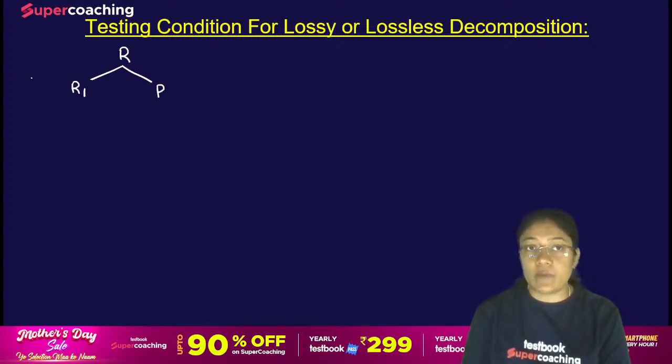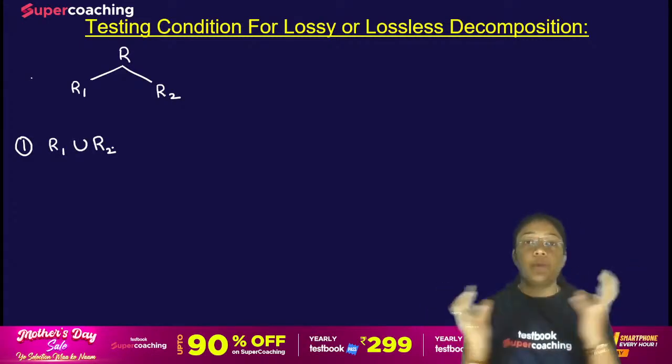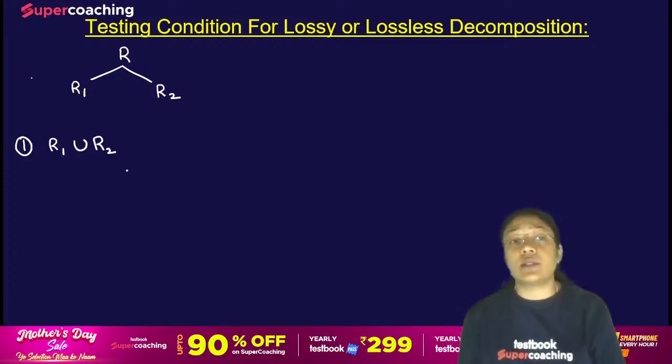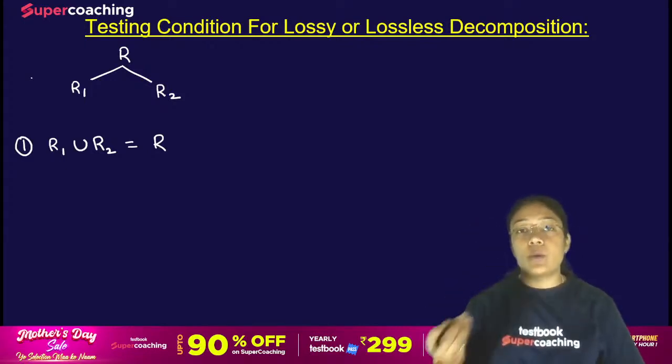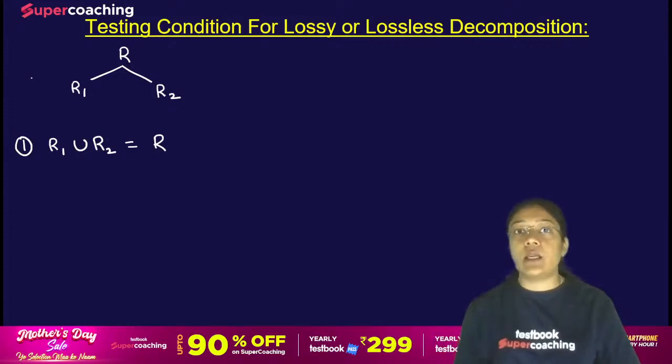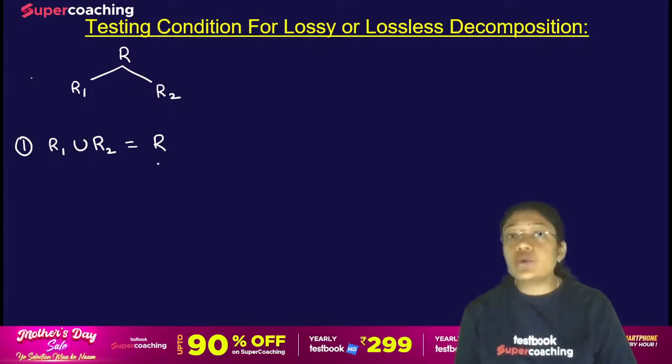I'm taking the smaller case first, R1 and R2. In that case, step 1 is R1 union R2, that means when you take the union of both attribute sets, it should result in all the attributes of the relation R. No attribute should be missing, because if any column is dropped, any attribute is missed, then definitely it won't be a lossless join decomposition. So all the attributes should be covered.